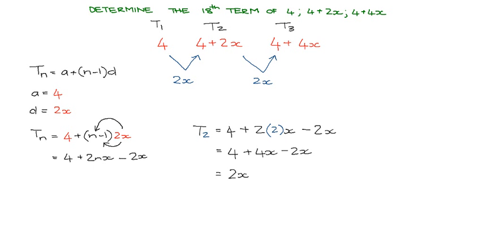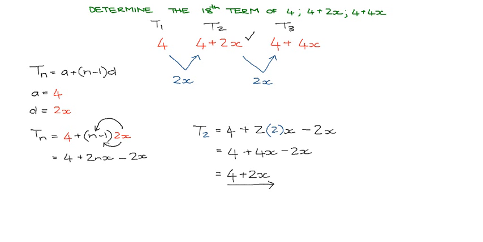And then we have 4. Although, let's be honest, in our sequence it isn't the variable first, so let me just erase that, and we'll put it in the same way that it is represented in a sequence. So it'll be 4 plus 2x. That is what we're saying is the second term, and let's check. Yes, it is. So we have proven that our general nth term is correct.